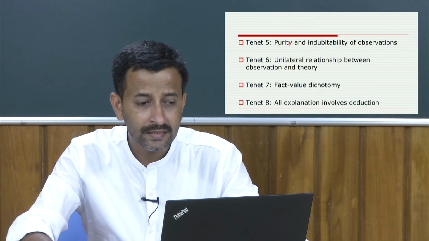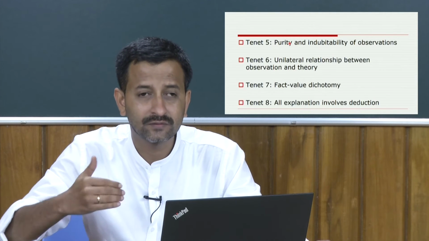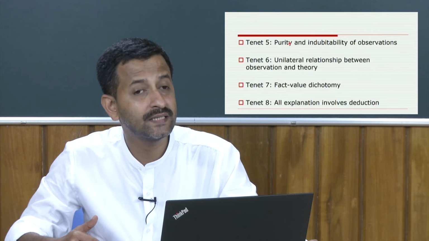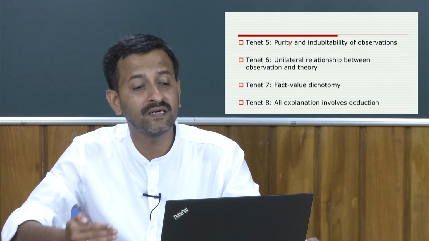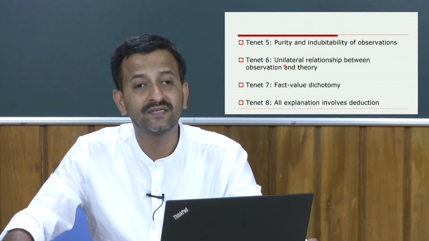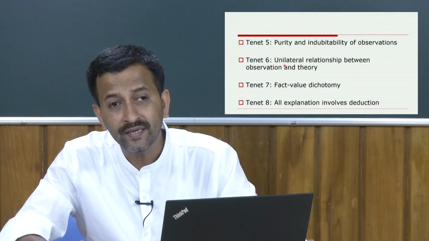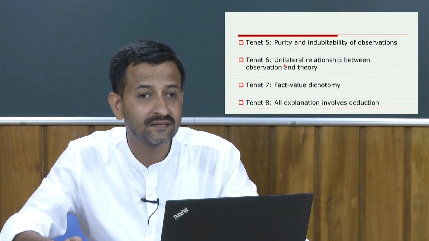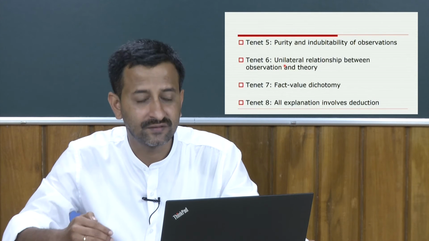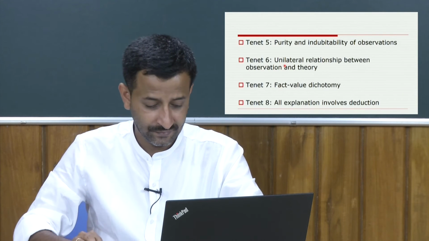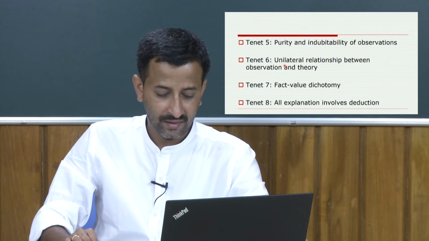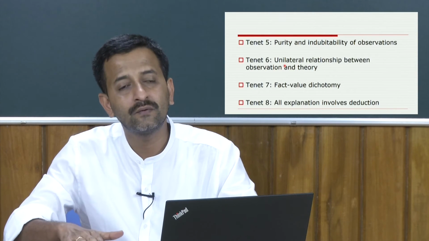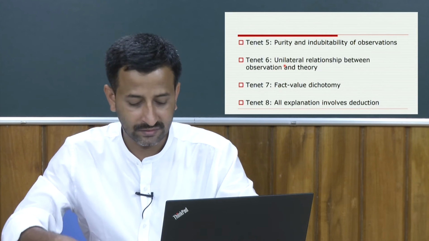It leads us to a point where we can say that there is a unilateral relationship between observation and theory. If I say there must be a unilateral relationship between observation and theory, then it implies that theories are dependent on observations, whereas observations are theory independent.